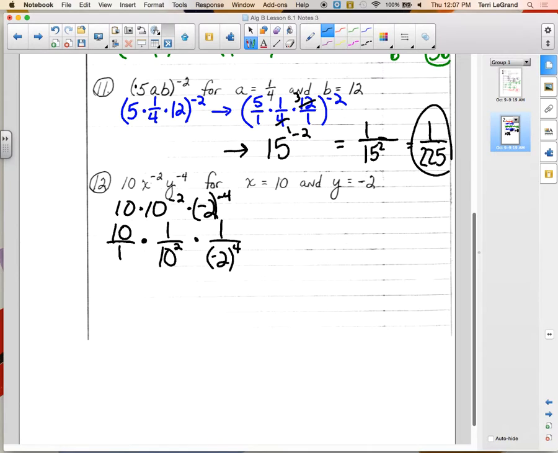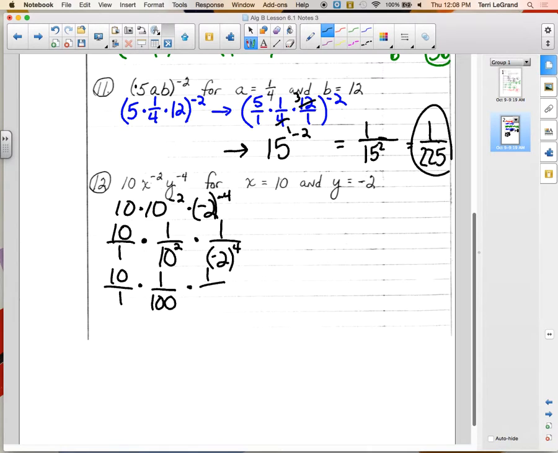Okay. Parentheses still needed there. Stefan was right. Don't you leave those parentheses off. Well, I think we're going to do this again. 10/1 times 1/, what's 10 squared, class? 100 times 1/, -2 times -2, 4. 4 times -2, -8. -8 times -2, 16. Negative times a positive is a negative.